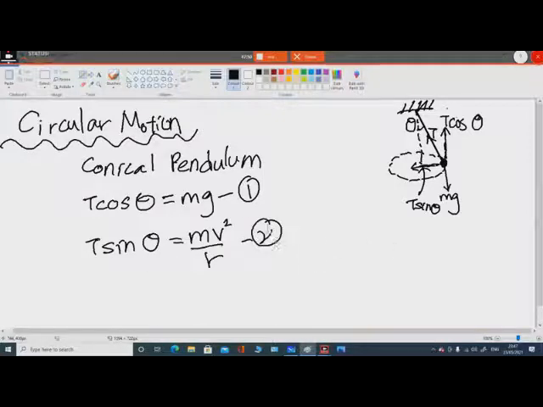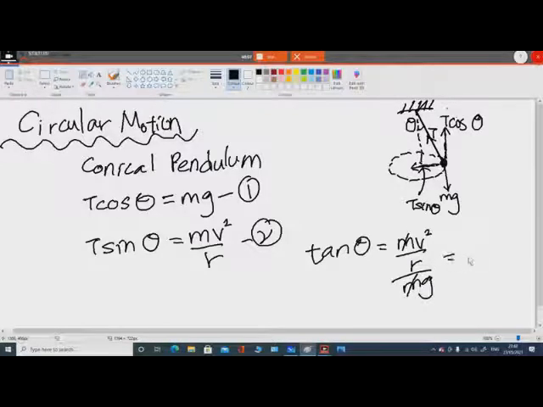So sine theta over cos theta will give us tangent theta. This one will be mv squared over r, over mg. So cancel this one, and eventually it will give us v squared over rg.